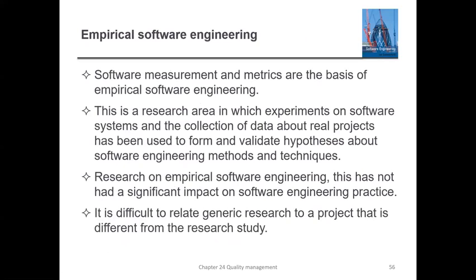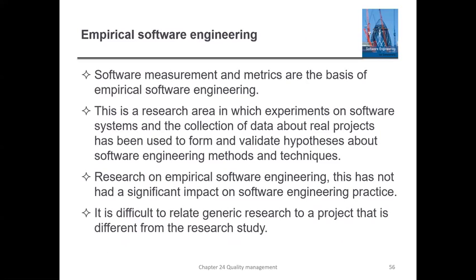Now the next topic is empirical software engineering. What are we going to do with empirical software engineering? Here we have some measurements and metrics which are based on empirical software measuring or engineering. We will have one kind of research area where we have to work on software products.